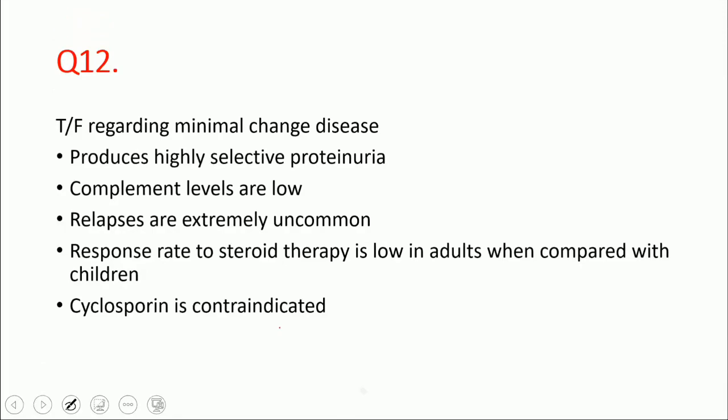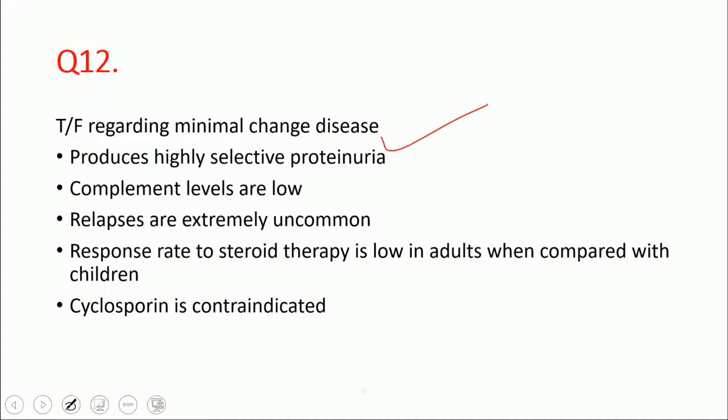Compared to the other histopathological causes of nephrotic syndrome like FSGS, membranous, and the patterns associated with them, in minimal change you get a very selective proteinuria, right? Mostly albumin alone is lost. Complement levels are usually normal.